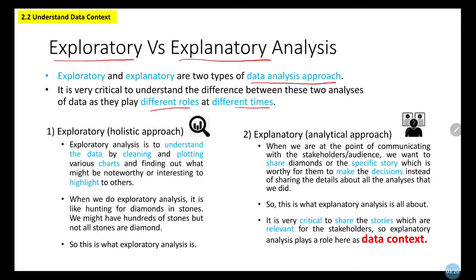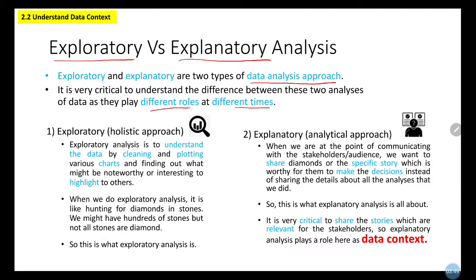In exploratory, you still don't know yet what the focus of your analysis is. But in explanatory, you have a focus. You will share a specific story that is worthy or of interest to them, so that it will help them to make decisions.